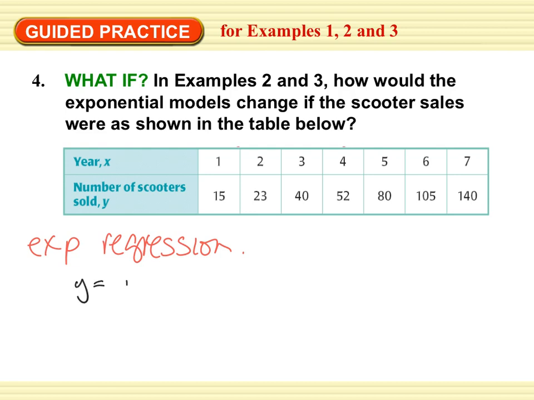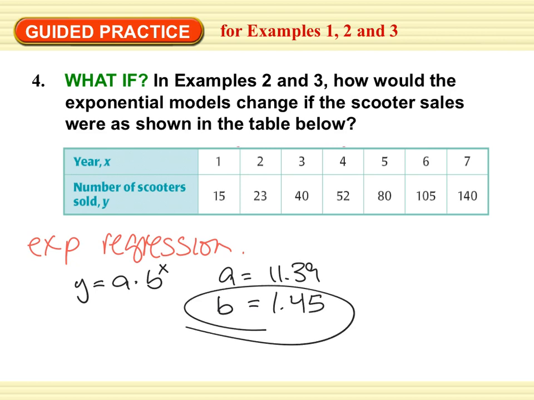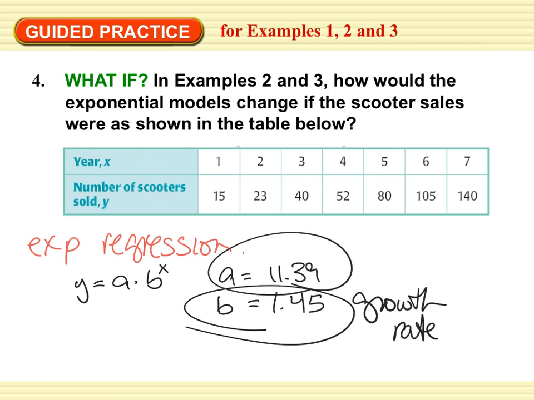So y equals a times b to the x, where a equals 11.39 and b equals 1.45. So that is our growth rate, and then our initial amount.